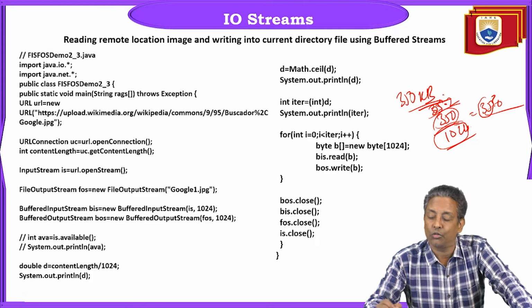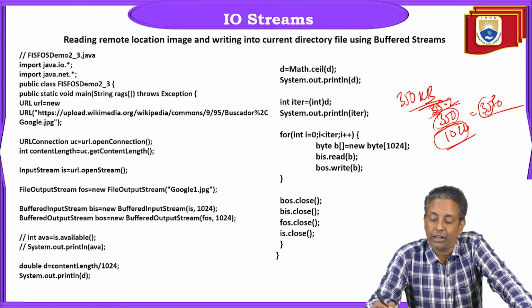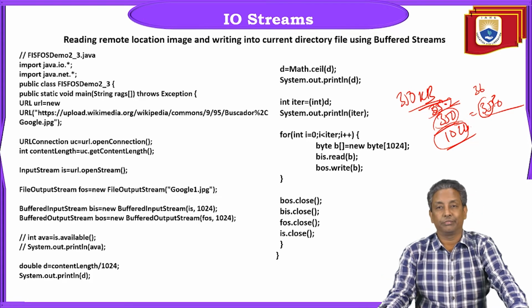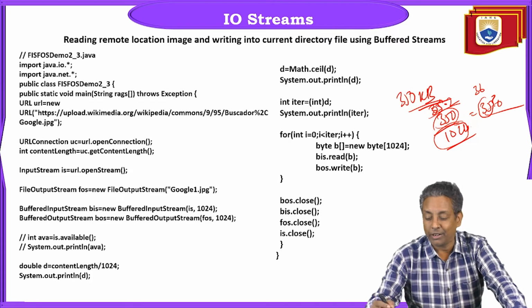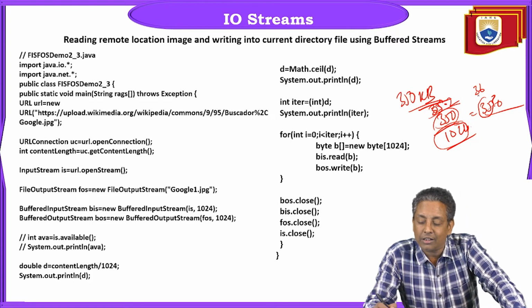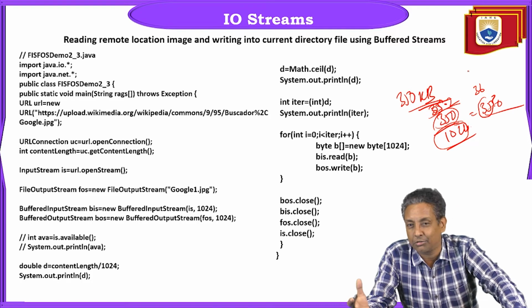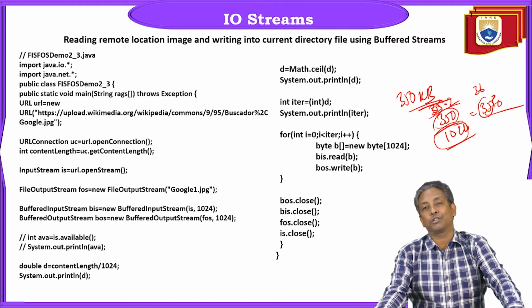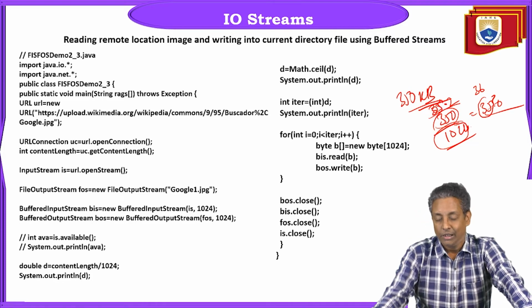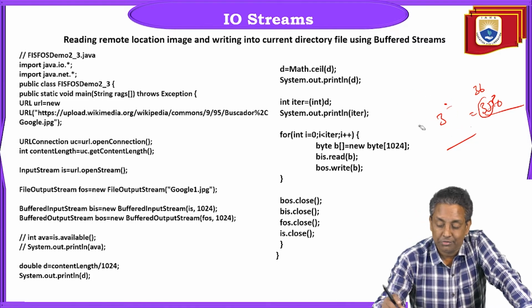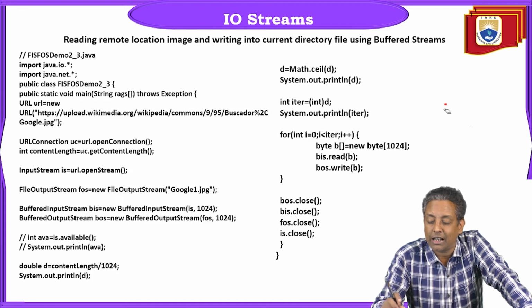If it's 35.2 KB, then we should not read 35 times; we should read 36 times. Otherwise the last 0.2 KB, some 200 bytes, will be lost, so the image will be corrupted. So how to write the logic for this? Actually, we don't know what the file size is.